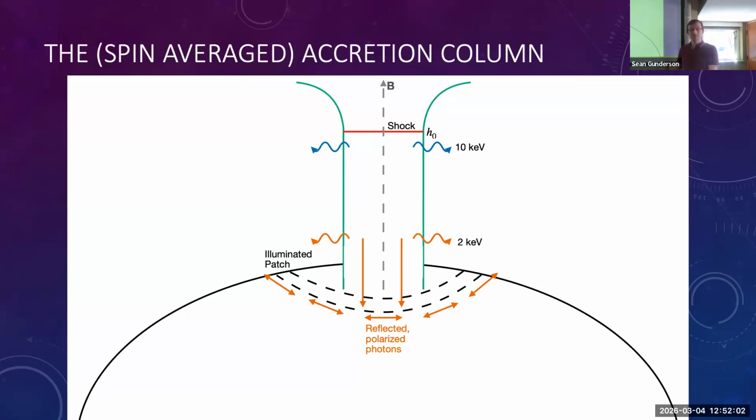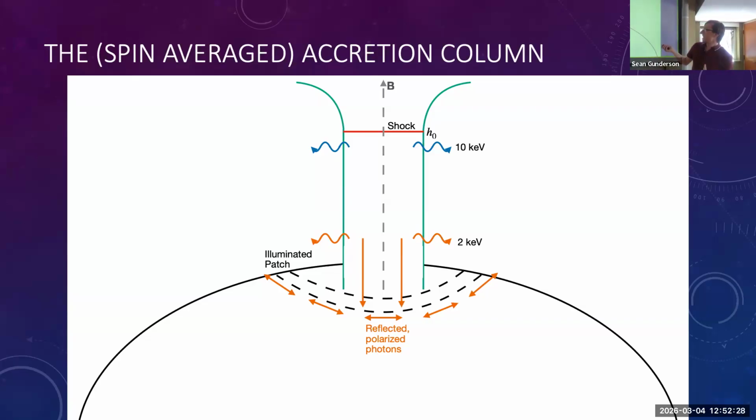So the energy dependence that we saw isn't real in the sense that the reflection is energy dependent. We're seeing the effect of the spectrum having more flux at 2 keV than we do at, say, 6 keV. And this is important because presumably if you didn't look at that energy dependence, you would assume that there's no reflection, or at least polarization occurring.